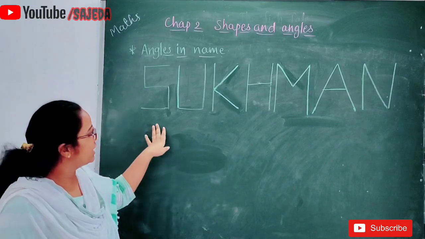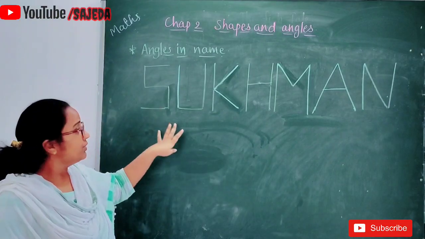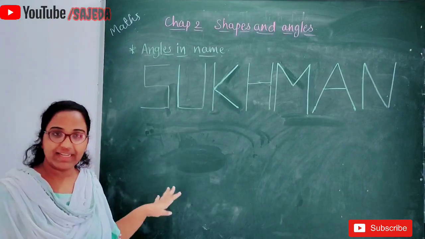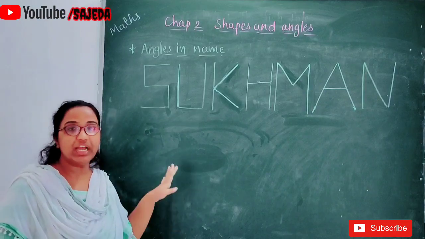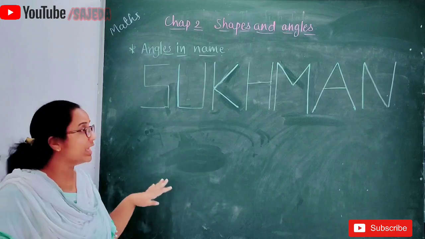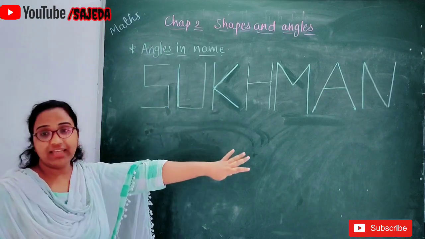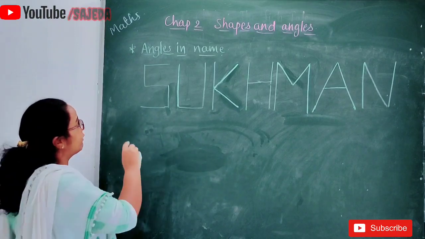Now what to do in this question? Here you have been given a name, Sukhman. In this name you have to count how many right angles are there, how many straight angles are there, how many acute and obtuse angles are there. If angles haven't been given in this, first of all you have to draw angles in these alphabets.